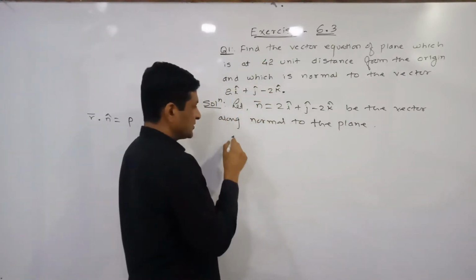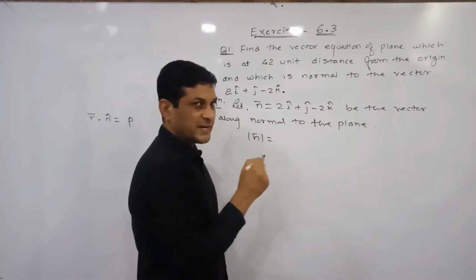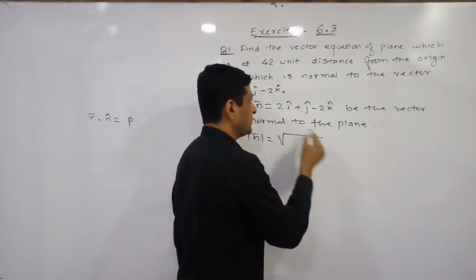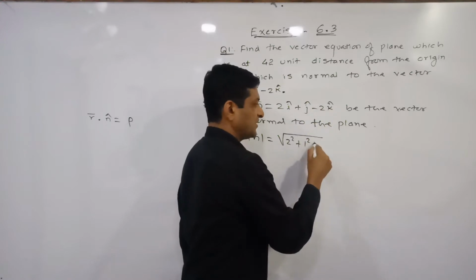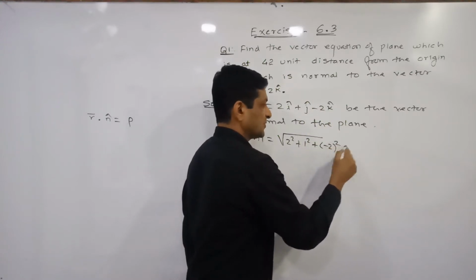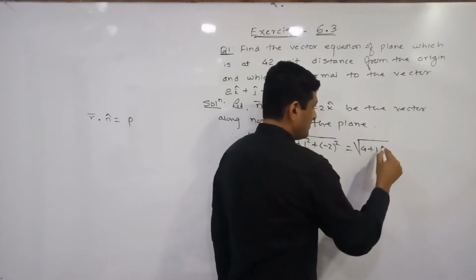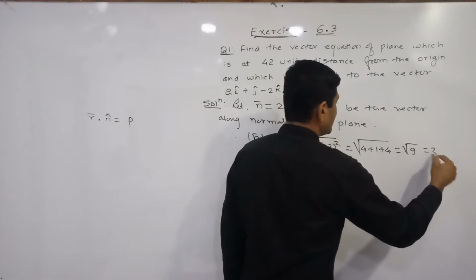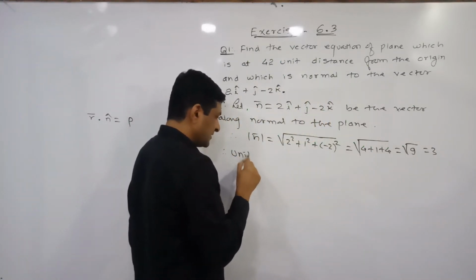Therefore the magnitude of n bar, because to find the unit vector we will require its magnitude, is 2 square plus 1 square plus minus 2 square, which is equal to under root 4 plus 1 plus 4, which is root 9, and the square root of 9 is equal to 3.